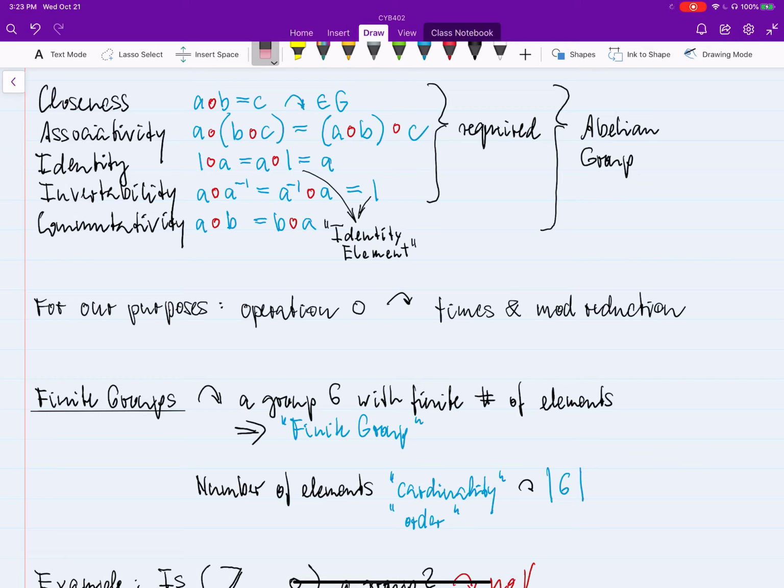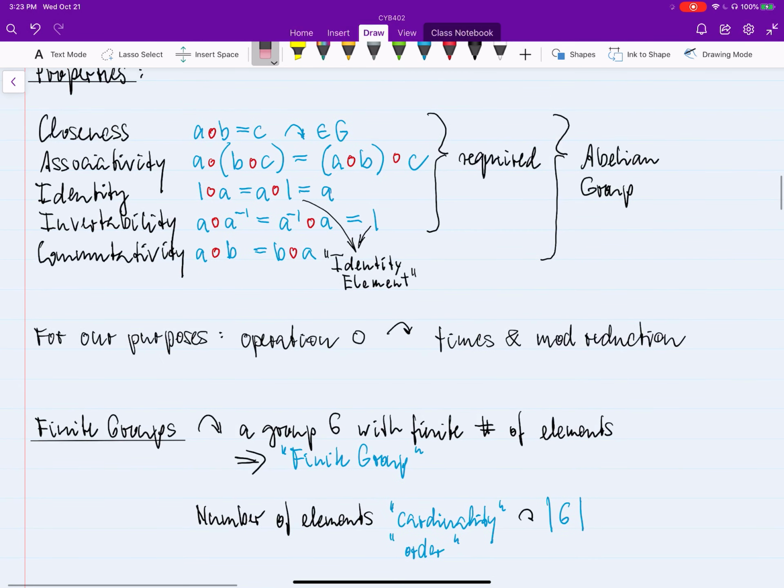So an abelian group is just a normal group with one additional property, which is commutativity. So for our purposes, the donut operation is, for now, the multiplication and subsequent modular reduction.